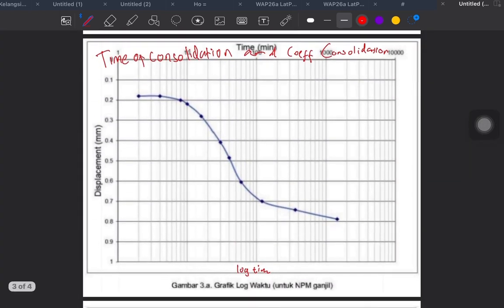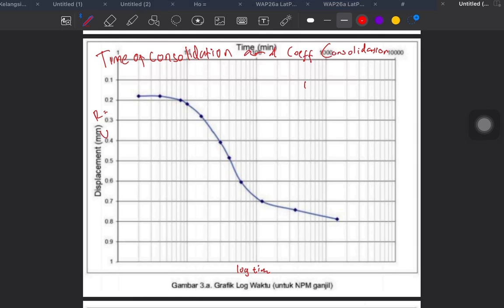Okay, first we try to calculate the time and the coefficient with the Casagrande method. Before we start drawing, I think we have to know the symbols for the parameters. The first is R. R stands for the dial reading of the settlement. And you have to know U. U is the degree of consolidation.